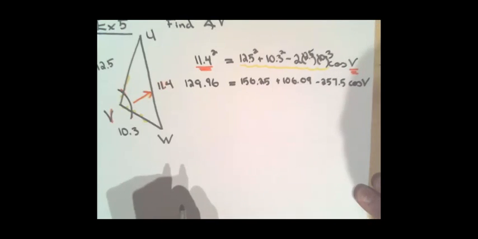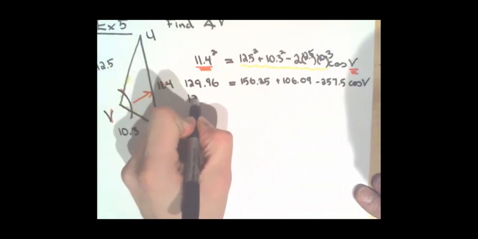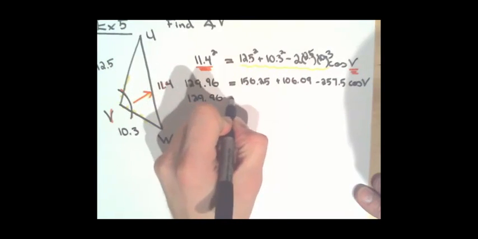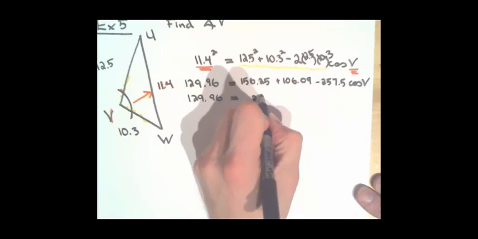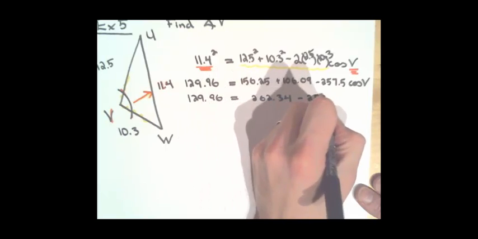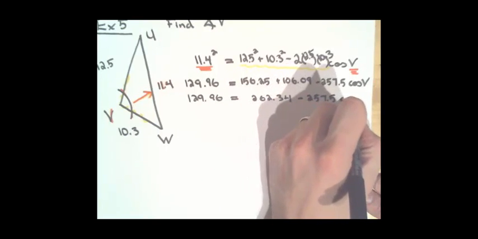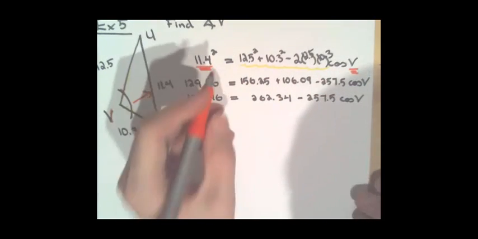Take your time. Next we can add those two together. That's the only new step on this line. So that becomes 262.34 minus 257.5 cos V. Great. So now is where everything switches sides.